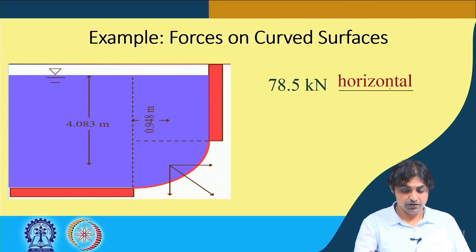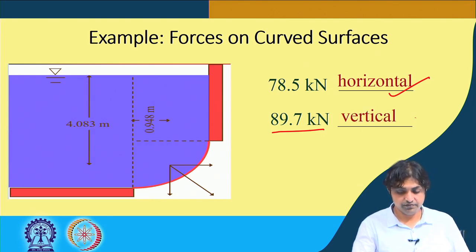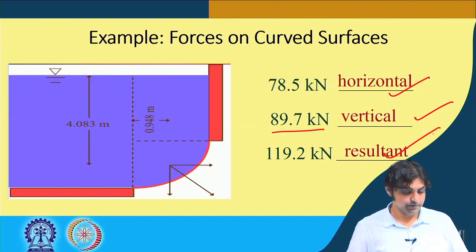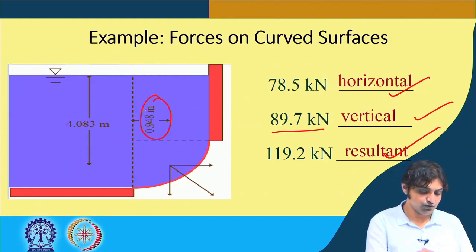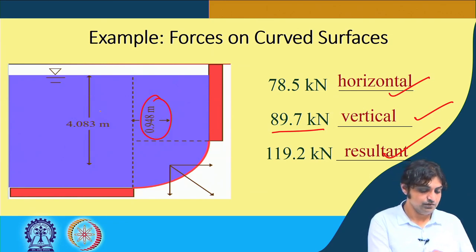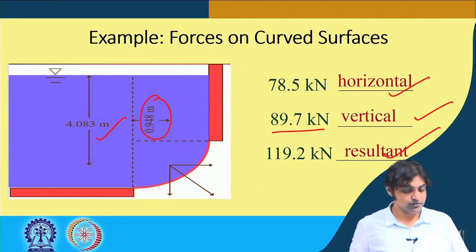Now to sum up, this is the horizontal force 78.5, this is 89.7 the vertical force, and 119.2 is the resultant force. And the distances are shown, 0.948 meter that we have calculated, 4.083 meter also we had calculated.